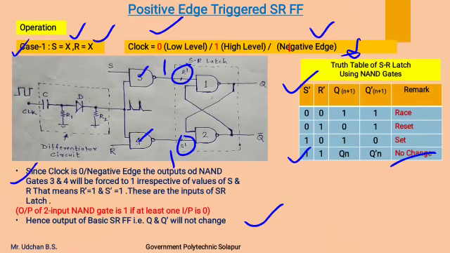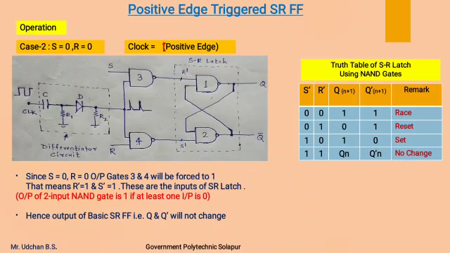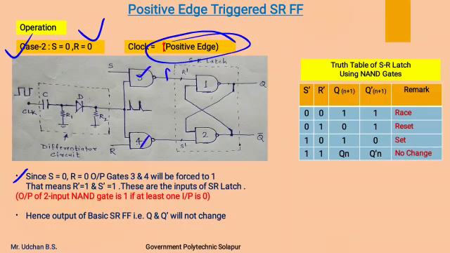Now the second condition, in which a positive clock edge is applied to the SR flip-flop and S and R both are 0. Since S and R both are 0, again the output of gates 3 and 4 will become 1 1, as we have studied from the truth table of the NAND gate, which concludes that the output of a 2 input NAND gate is 1 if at least one input is 0.